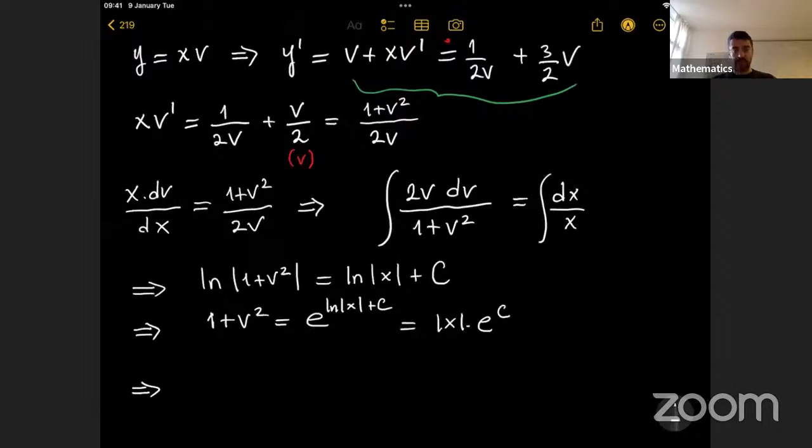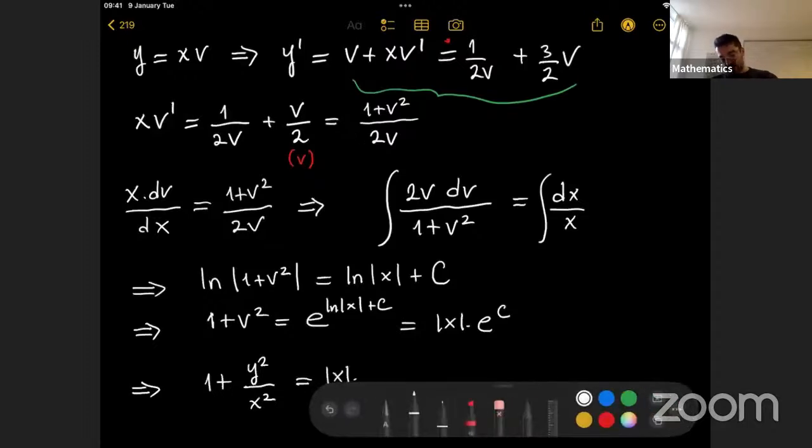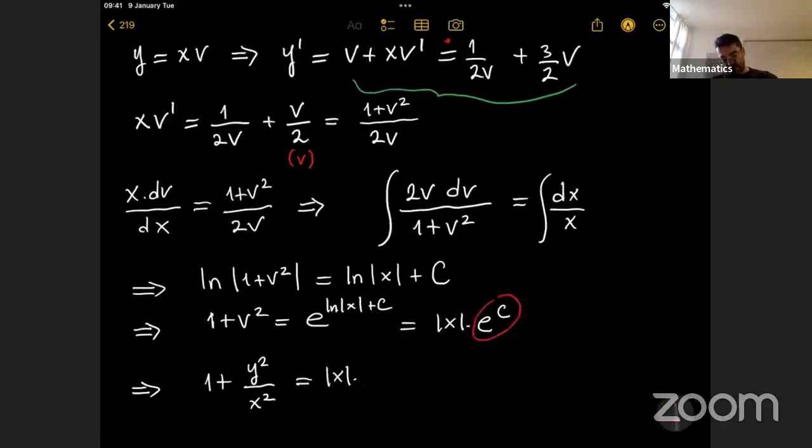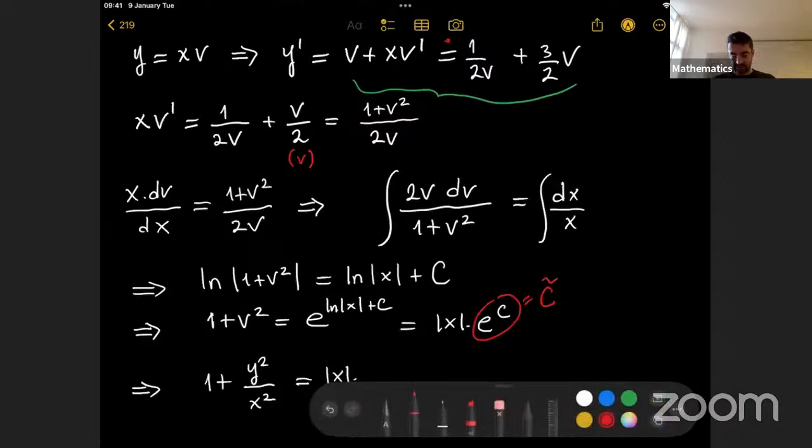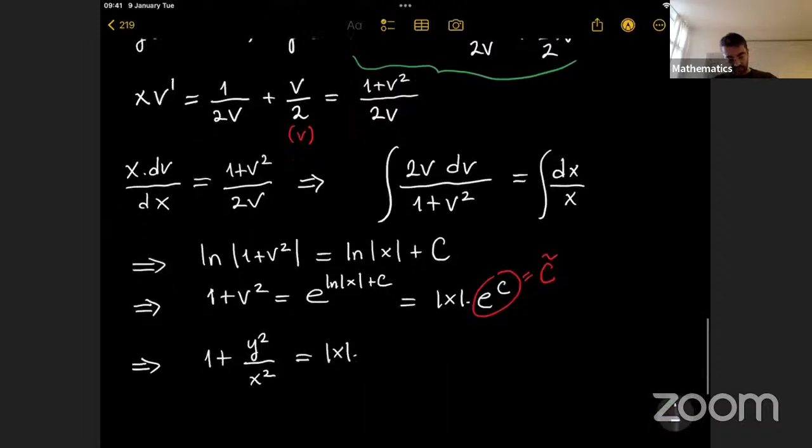Or simply, we need to go back to the original variable, which is y. So v was y over x: 1 plus y squared over x squared, since v is y over x. So it's equal to the absolute value of x times, instead of e to the c, you can say this is c tilde. It's another constant, right? e to the c is a constant, so you can replace it with c tilde, another constant. You don't need to do that, but it looks better.